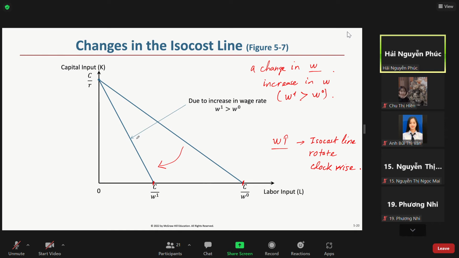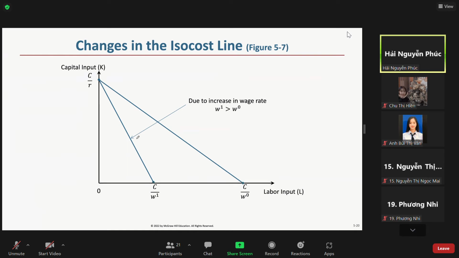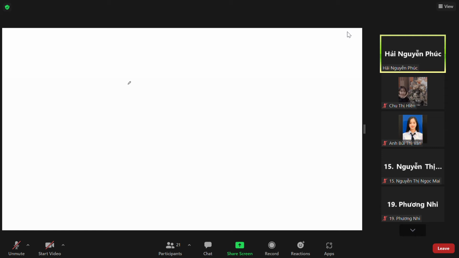Similarly, let me describe a similar situation with the change in the rental rate of the capital input. Let me illustrate the situation. Suppose initially we have the following graph, K and L, and here's the isocost line.